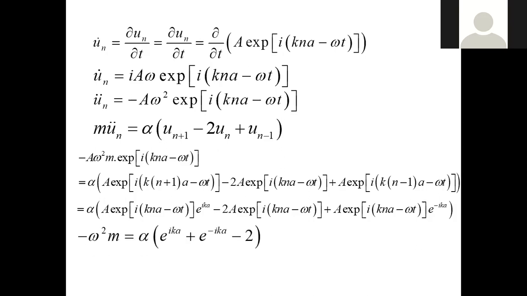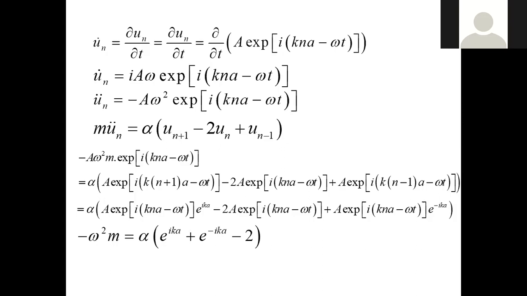Then, if you just cancel the exponential term on both sides, that is e to the power i(k n a minus omega t), we get minus omega square m on the left hand side, and on the right hand side alpha within brackets e to the power i k a plus e to the power minus i k a minus 2, where alpha is the spring constant, that is, the coupling constant between two atoms. So it is the simplified form of the equation of motion.